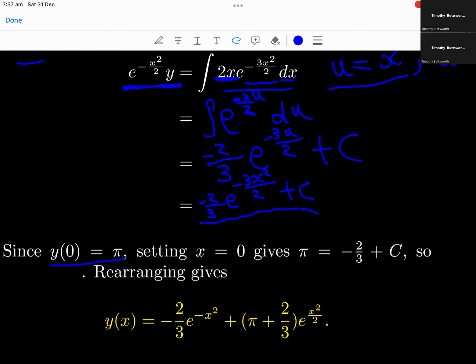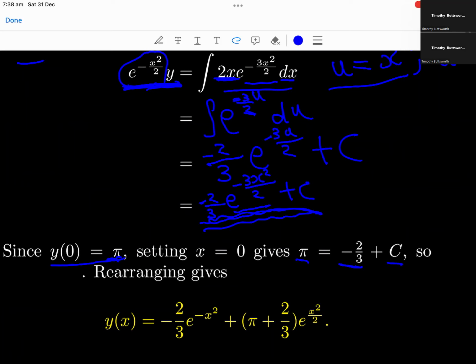So let's substitute x is equal to 0 into this equation here. When x is 0, this exponential term just becomes 1. And y of 0 we've said is pi. So we get pi is equal to this when x is equal to 0. Well, when x is equal to 0, the exponential becomes 1. So I get minus 2/3 plus that constant c.